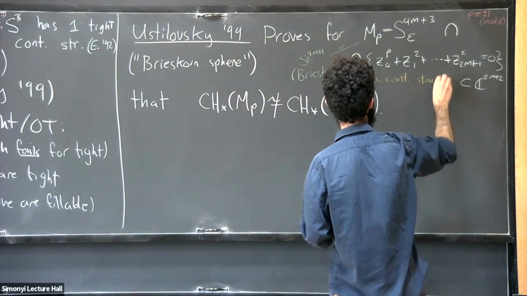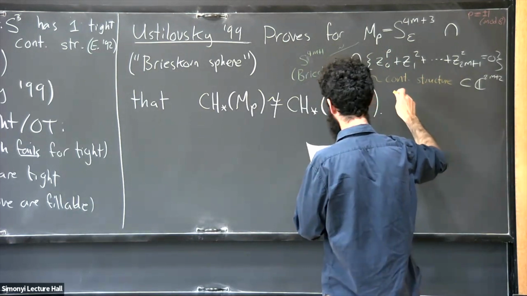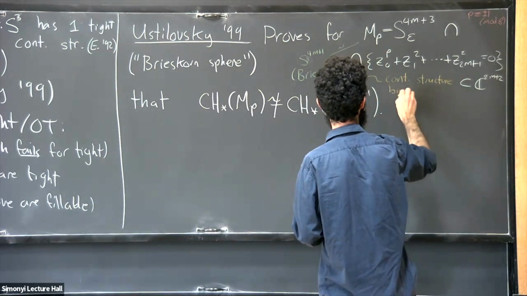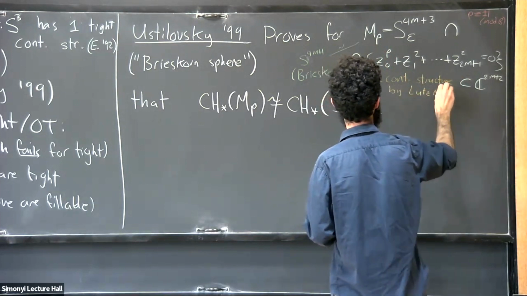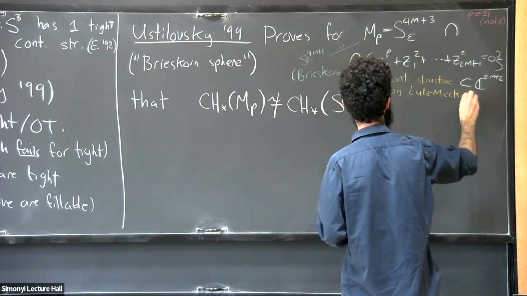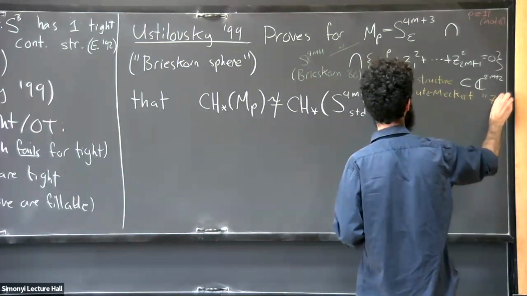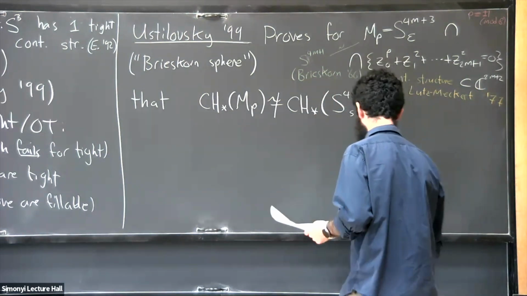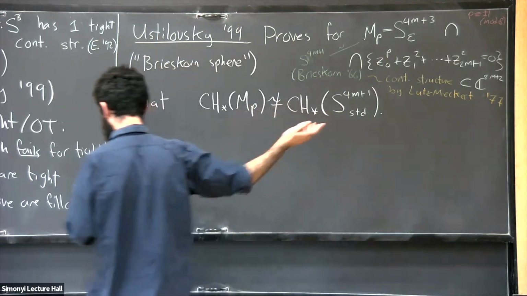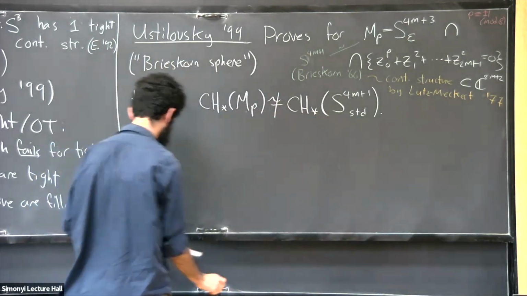This is done by Lutz and Meckert, '77. So that's when I talk about this as a contact manifold, it comes from them. I mean, it's given by some very explicit contact form.